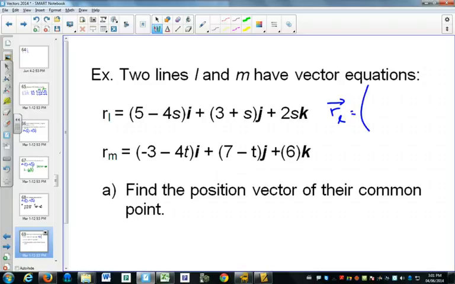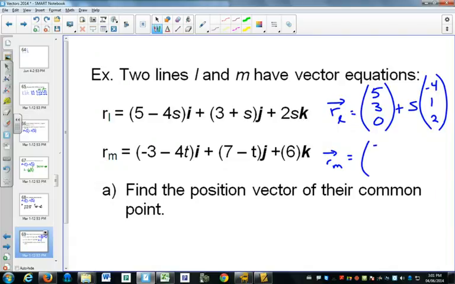Can you see that the point is (5, 3, 0) plus s(-4, 1, 2), and for M, (-3, 7, 6), and our direction would be (-4, -1, 0).